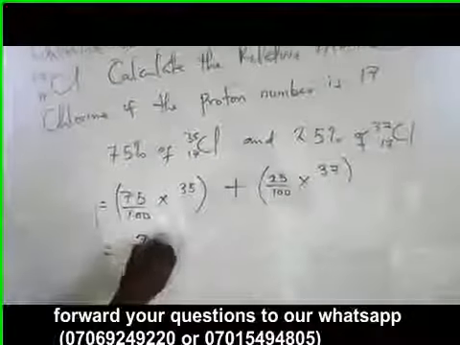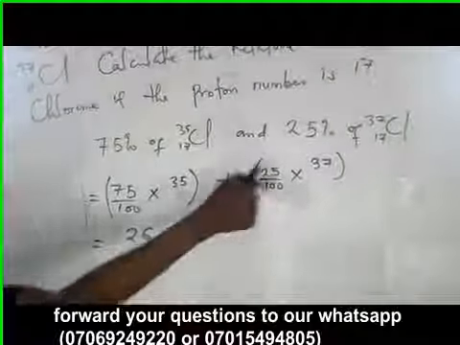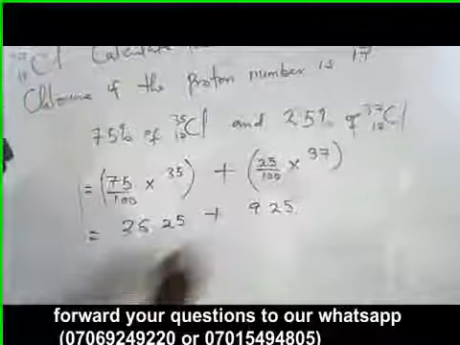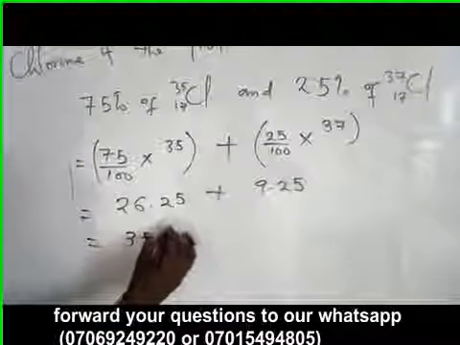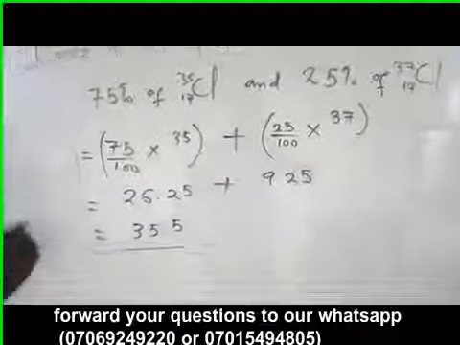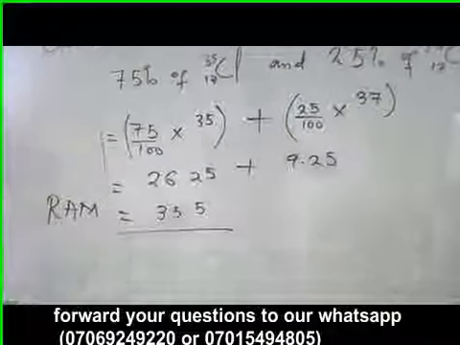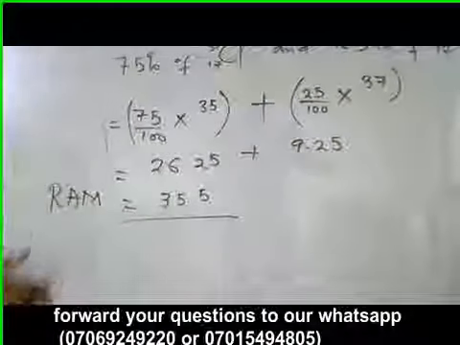This will give us 26.25 plus 9.25. Adding up these two, we get 35.5. That is how the RAM of chlorine adds up to 35.5.